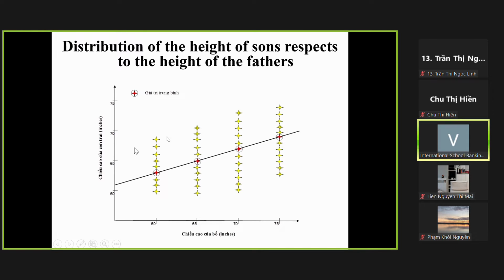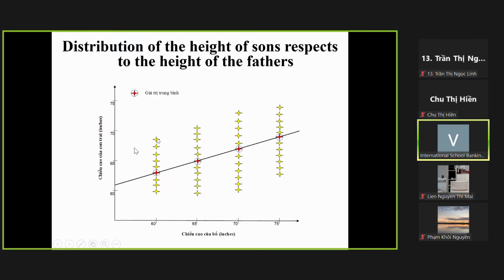And of course, in the first group, for example, we have 10 fathers. So 10 fathers will have 10 sons, right? So Galton measures the height of the sons in the first group.